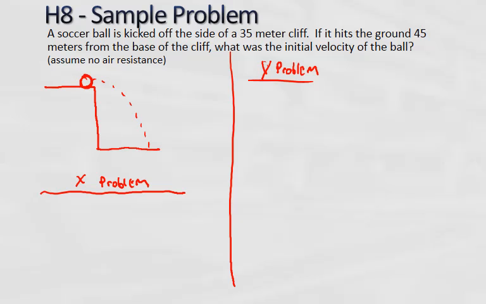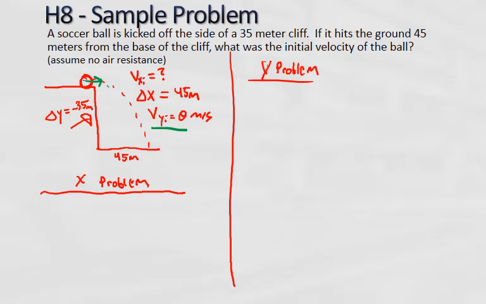Okay, so we've got our x problem here: the velocity stays the same in the x the whole way. And again, because of that, there's no acceleration, and it drops 35 meters, so that's the displacement in the y. We're looking for Vx initial. The initial y velocity is 0 because it's just going out in the x.